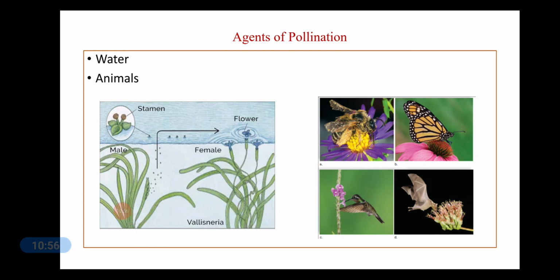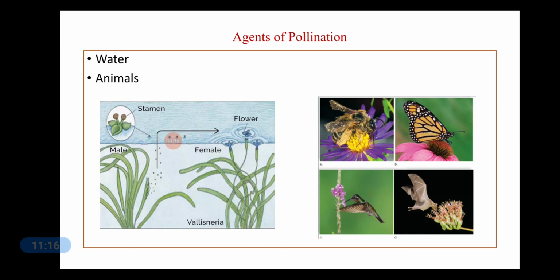The male plant produces the stamen over here. Now, this stamen is released underneath the water, but they come up on the surface of the water. The female plant, as you can see over here, produces flowers. Now, these flowers come up on the surface of the water.